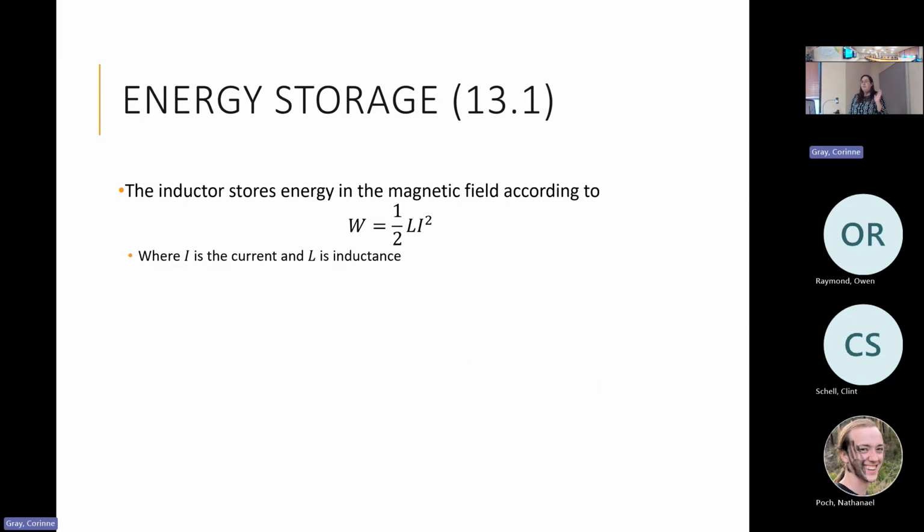Just really quick, I don't think this equation is going to pop up very much in this class. If I say pop up much, I mean at all outside of today. But for energy storage, we have 1/2 inductance times the current squared. It's just a way to show that energy is being stored.